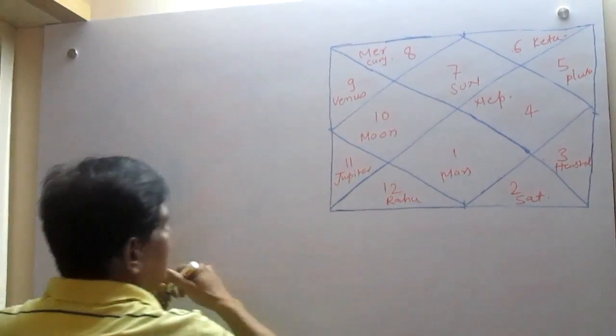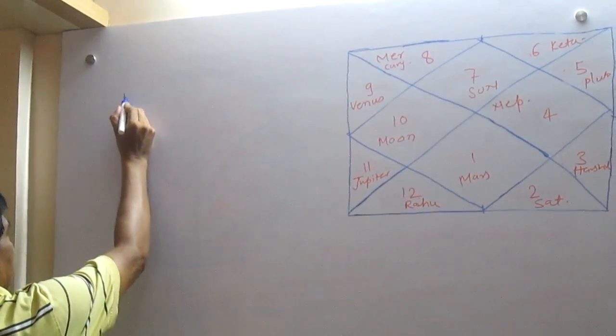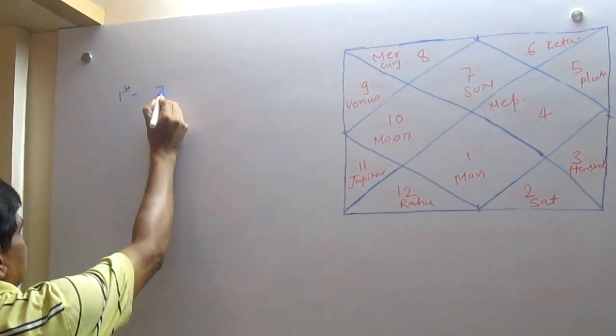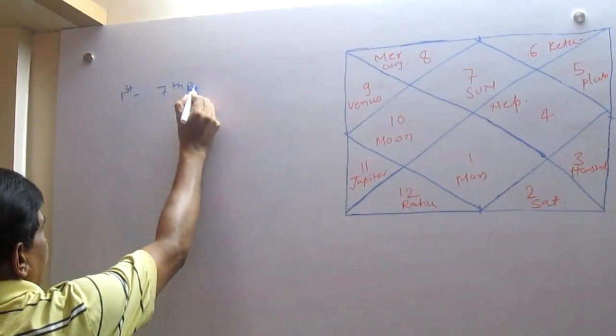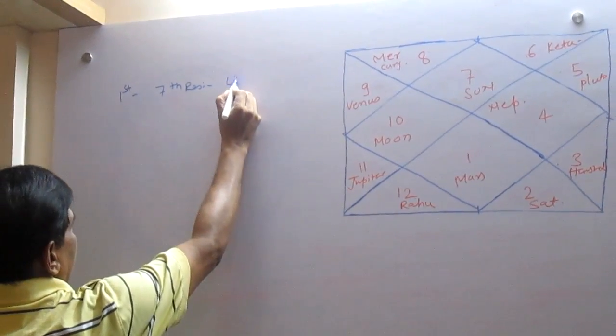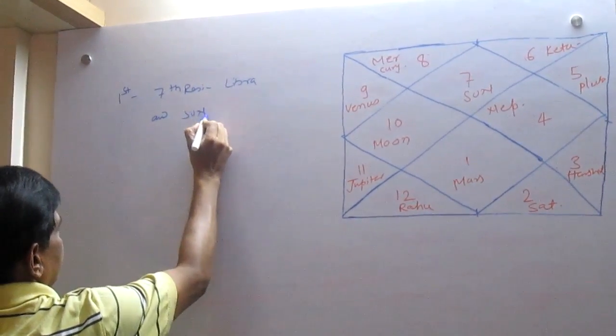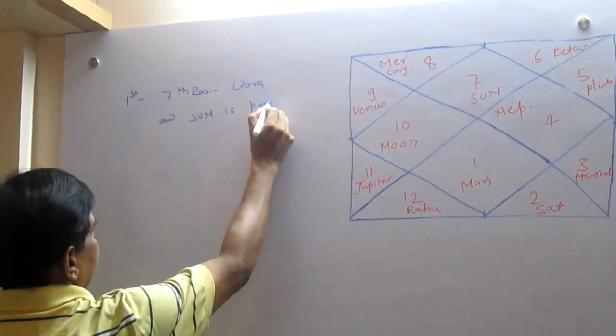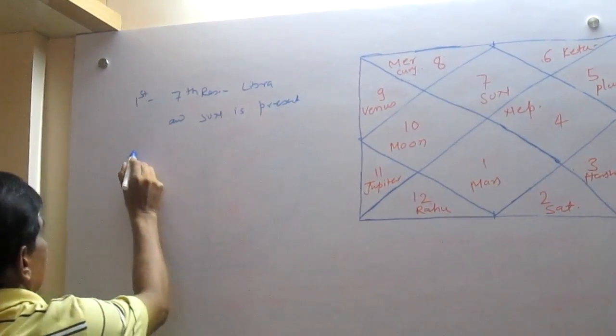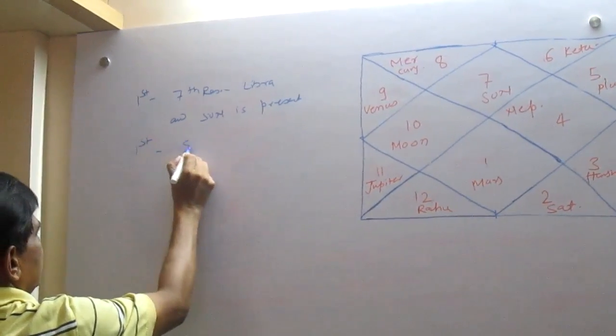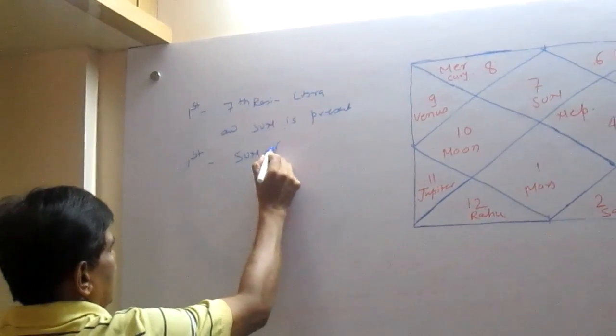For example, in the first house, seventh Rashi, which is Libra, and Sun is present. So, in first house, Sun of Libra.